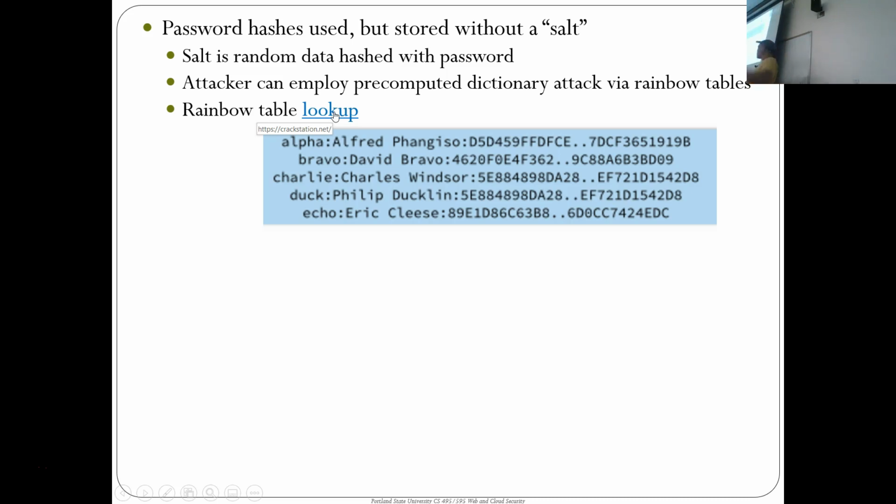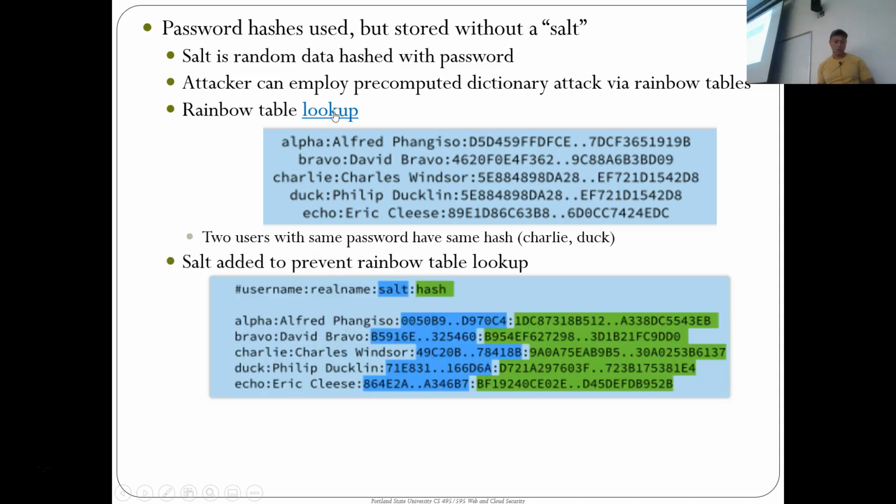You can take a hash that looks like this, 5E88, and look up that hash on this site, and it'll do a database lookup to find the plain text. So you don't even have to do a dictionary search. If you are using a password scheme that's not salted, you should probably switch over to a salted version of this.